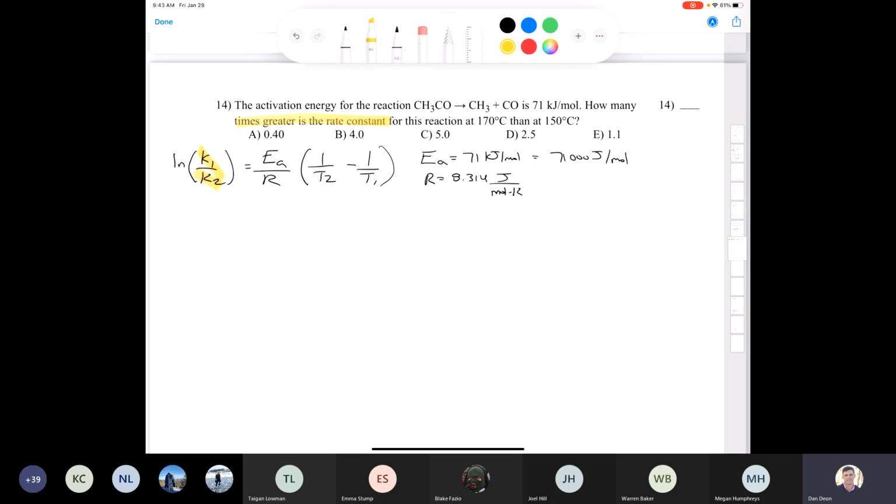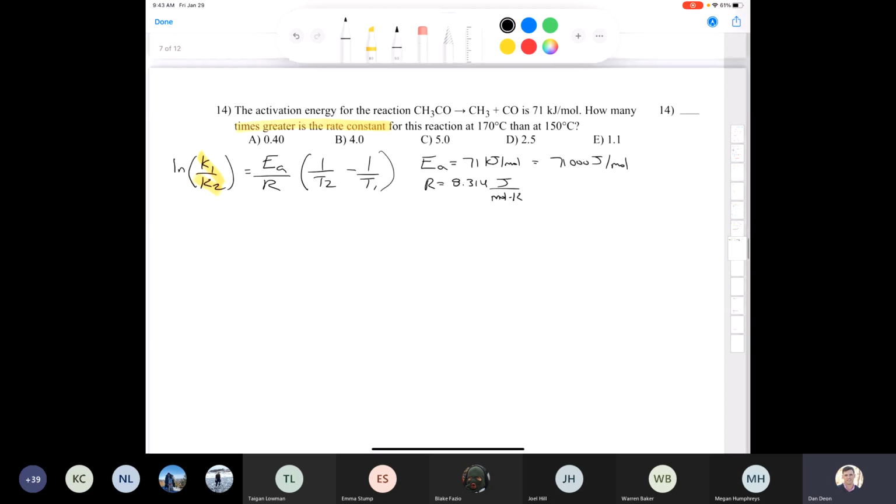And the one with the higher K is going to have the higher temperature. So that tells me that my T1 is going to be equal to 170 degrees Celsius, which is equal to 443 Kelvin. And my T2 is going to be equal to 150 degrees Celsius, which is equal to 423 Kelvin, like that.